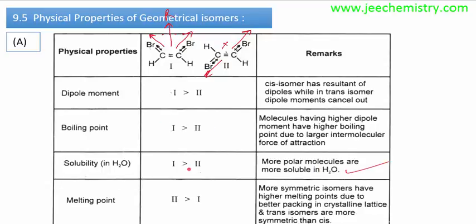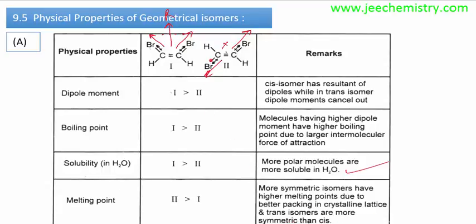Melting point: a better packing structure of the molecule gives a higher melting point. A more symmetric isomer has a higher melting point due to better packing in the crystalline lattice, and the trans isomer is more symmetric than the cis.